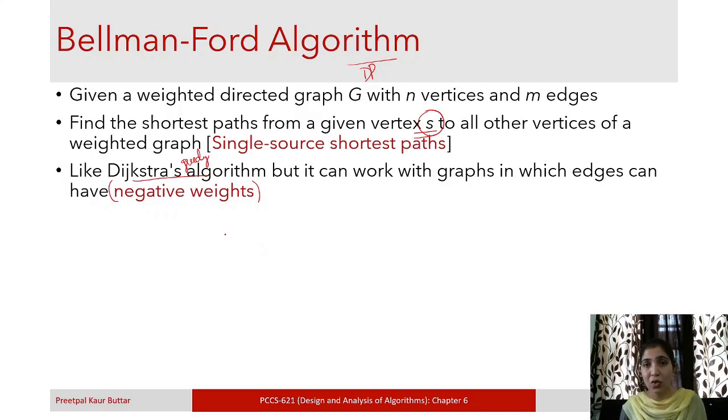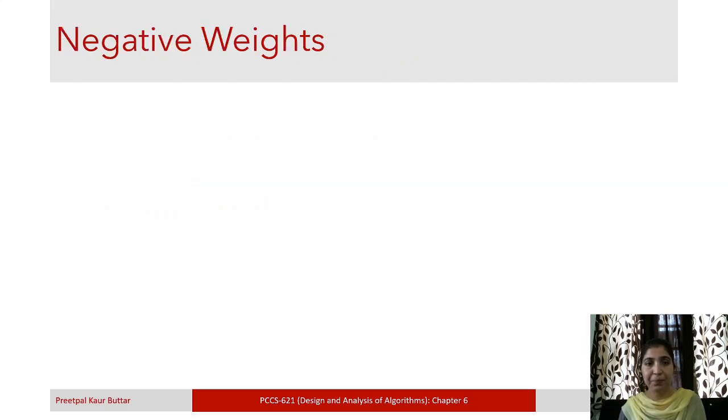So far we have only considered graphs in which the weights of the edges were positive. If a graph G has some edges with negative weights, Dijkstra's algorithm will not give you the correct solution, right? In that situation, we can use the Bellman-Ford algorithm.